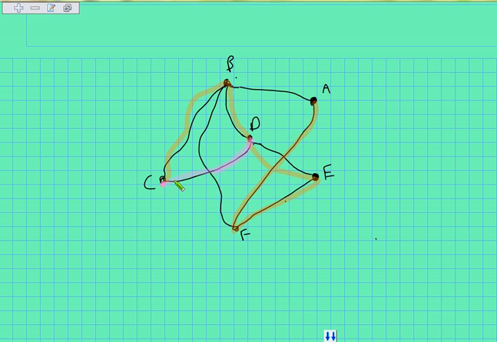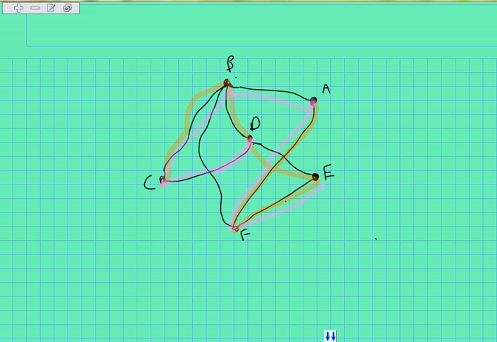Case in point, we're going to go from D to C, to B, and then back to A, and from here, we go to F, and then to E. So we've got D to C, to B, to A, to F, to E.